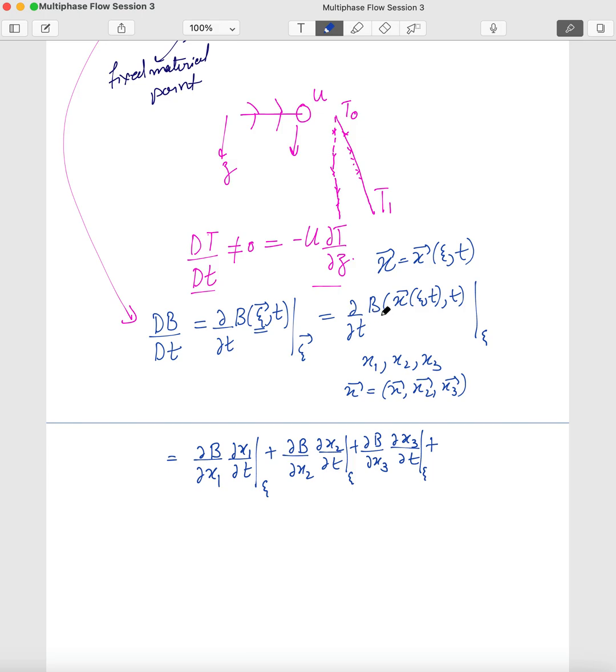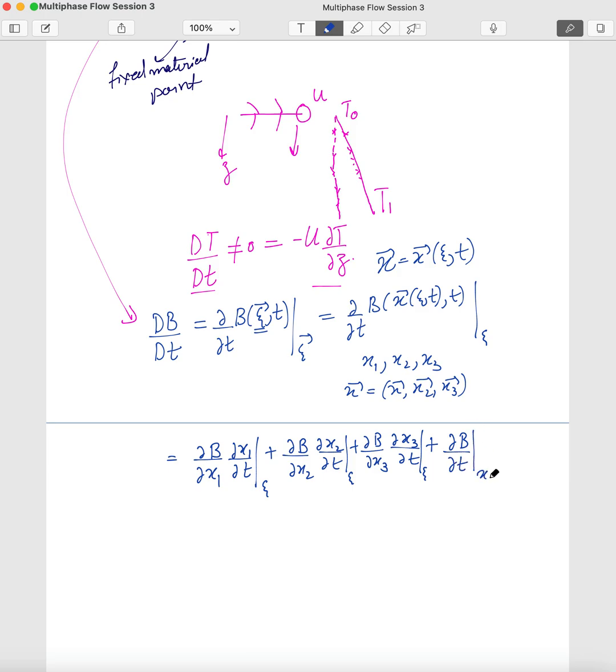Everything is at fixed material point; we only want to find what will be B when we transform from the material point to the Eulerian point of reference. So now this is at fixed material point, and then at fixed x this becomes del B by del t.